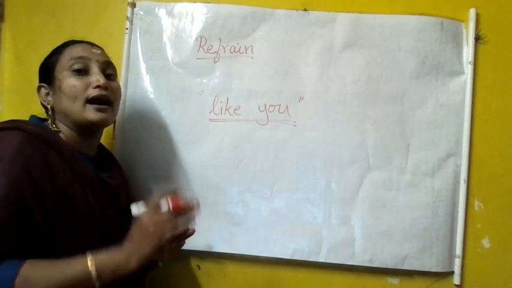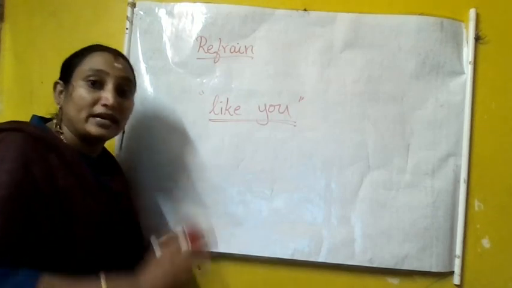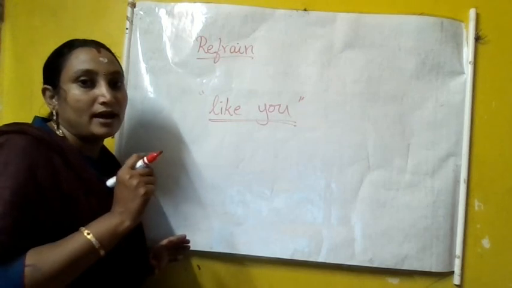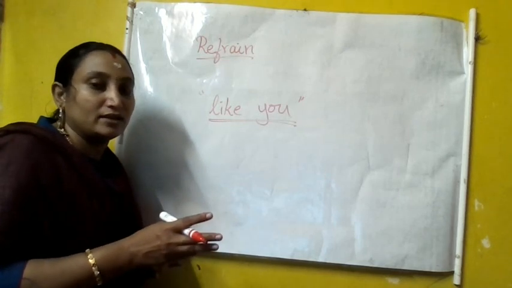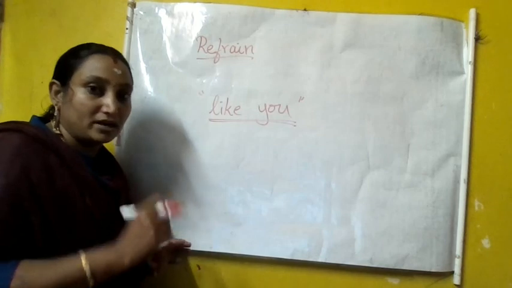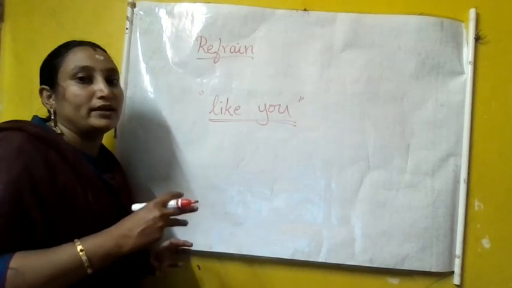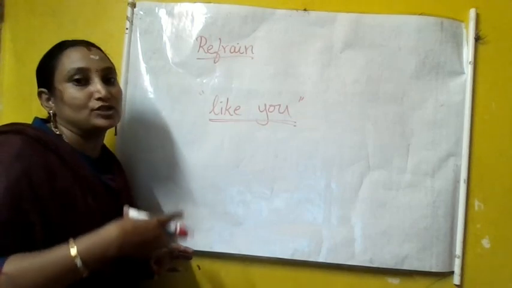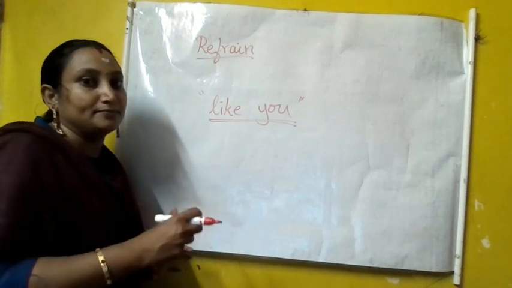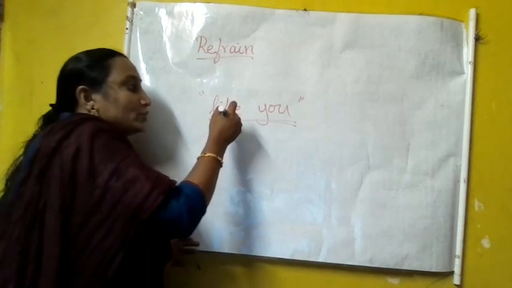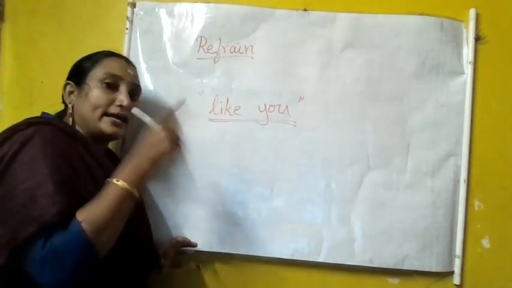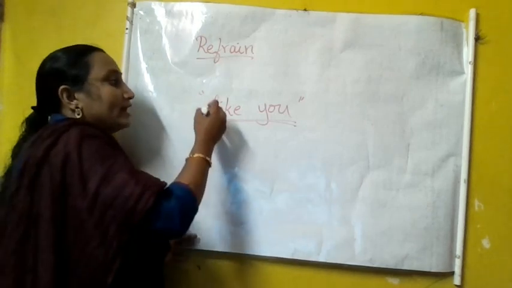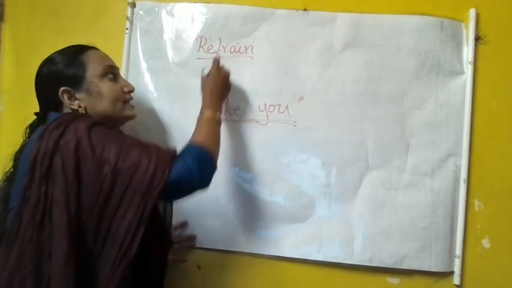So the adults should be very careful in their words and action, because these little children will imitate all the actions done by the adult. So, in order to insist on that idea and also to add a musical note in the poem, the poet used this poetic device, refrain.